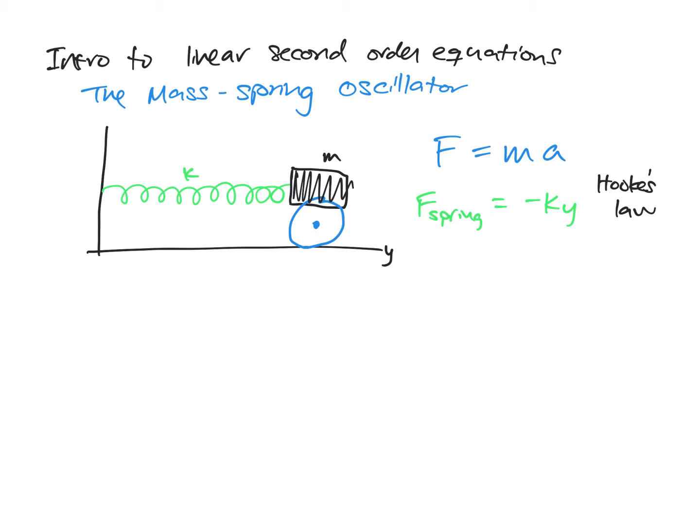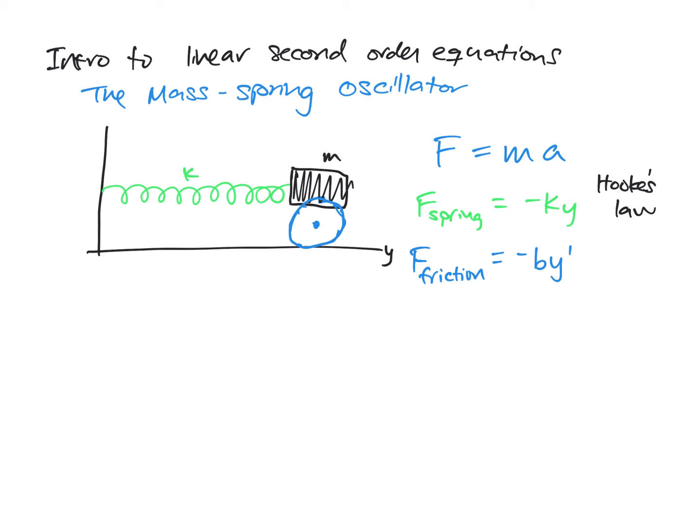Another opposite direction force would be due to, say, this wheel here. If it's causing a lot of friction, then it's going to slow down your springiness. So we have a force due to friction, which from physics we know to be proportional to y prime, the velocity of your spring.